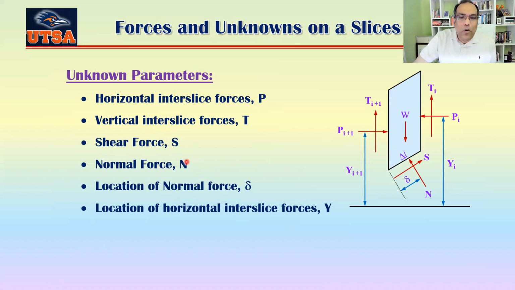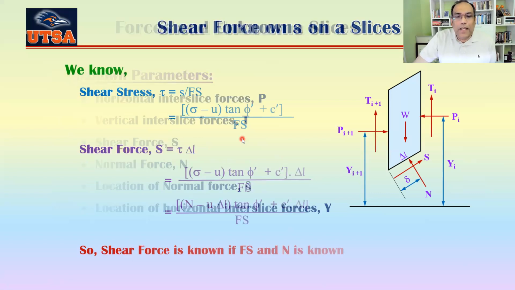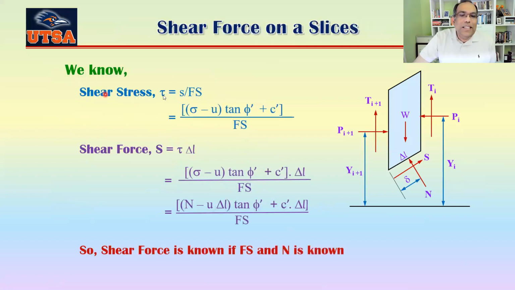Okay, so if you know the sigma, then in many cases you can find out your shear force. That's what we are trying to see here. The tau is equal to S divided by your factor of safety. Okay, so I can just put that force divided by Fs.